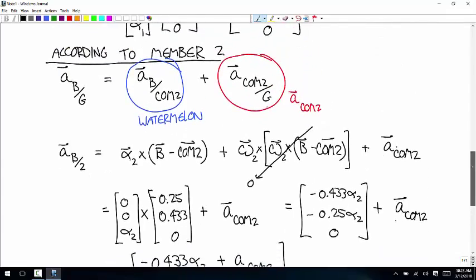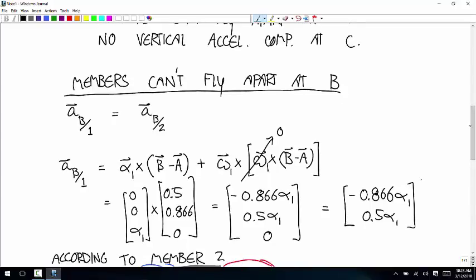And so now where we're heading with this is we're going to set these two things equal.